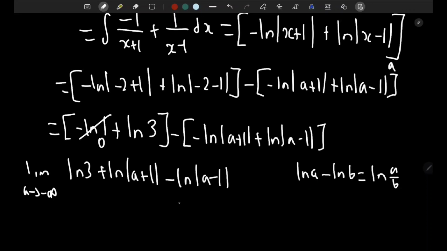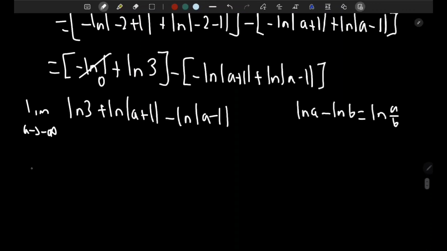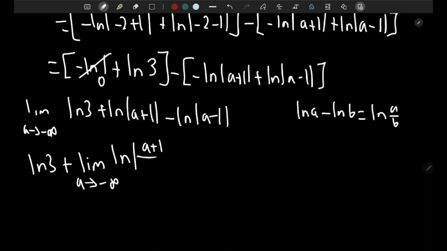Here we have the same exact case, and I'm going to take ln 3 outside as it's a constant, so we are left with ln 3 plus the limit as a is approaching negative infinity of ln of a plus 1 over a minus 1.